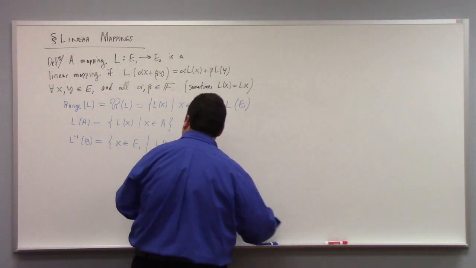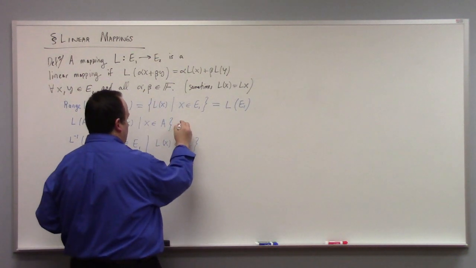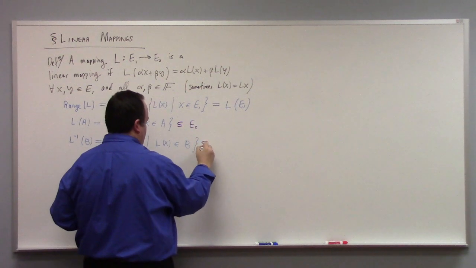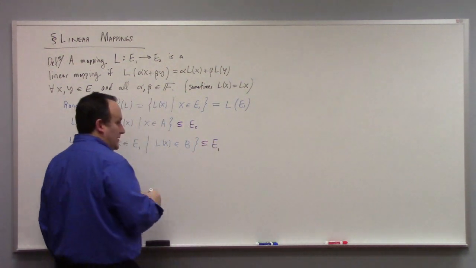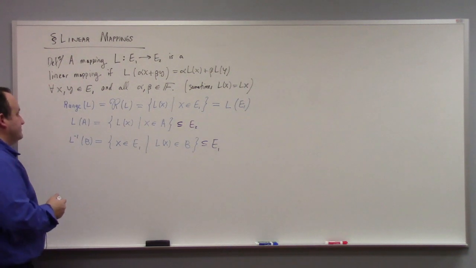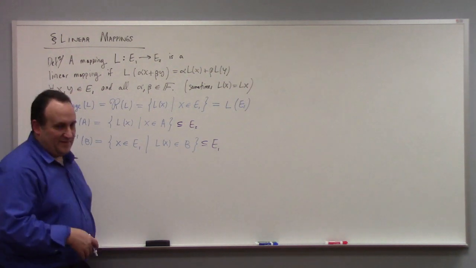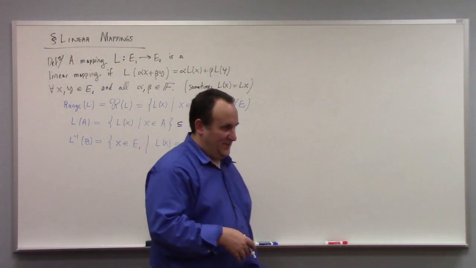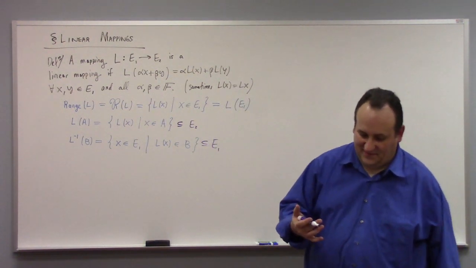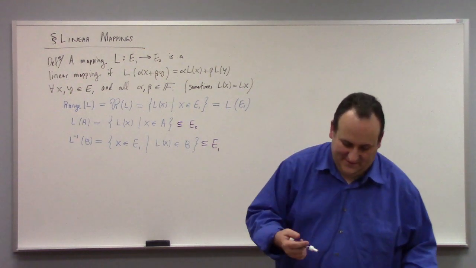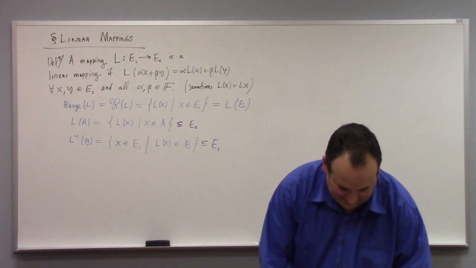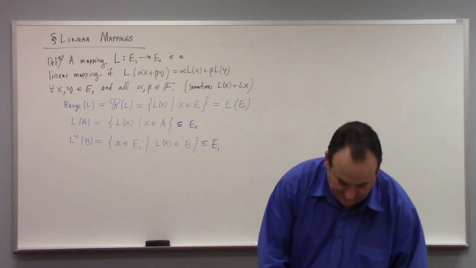Of course, the forward image is a subset of the codomain, which we are calling E2 here. The inverse image is a subset of the domain. And then he has a paragraph explaining that without loss of generality, you can assume that the domain of a linear mapping is a vector space. And I'm like, okay, sure, why not.